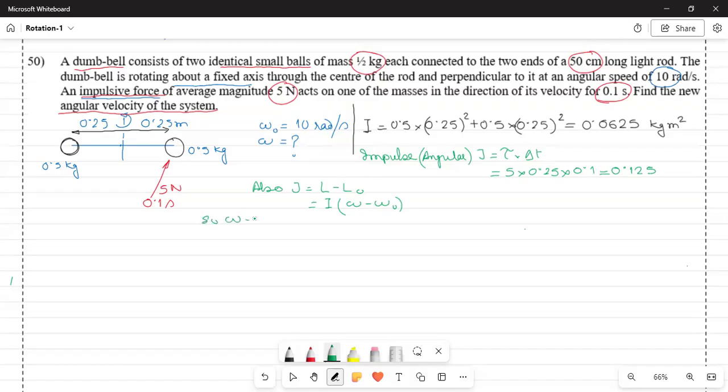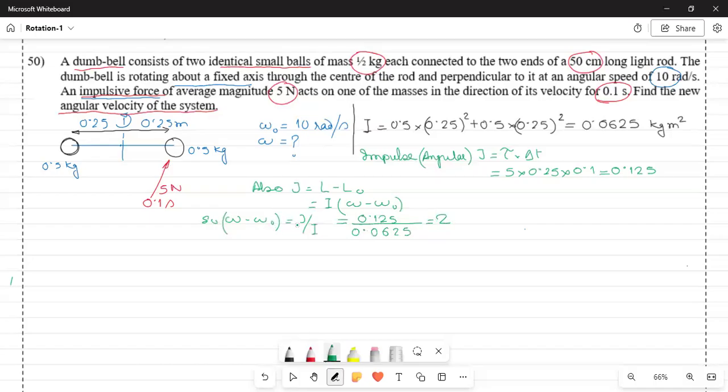So omega minus omega 0, the difference of angular velocity, is equal to J by I. J we have measured 0.125, and I, moment of inertia, we have measured 0.0625. This is equal to simply 2.